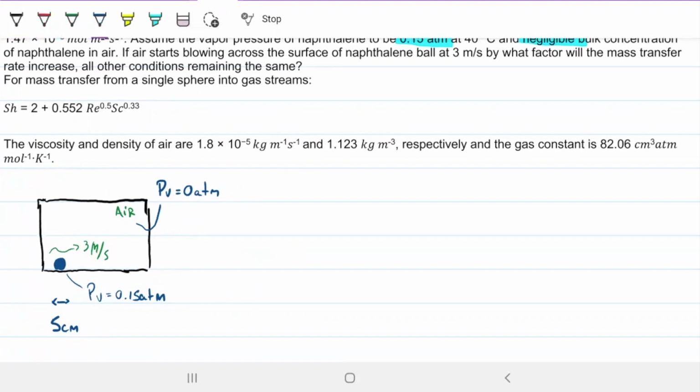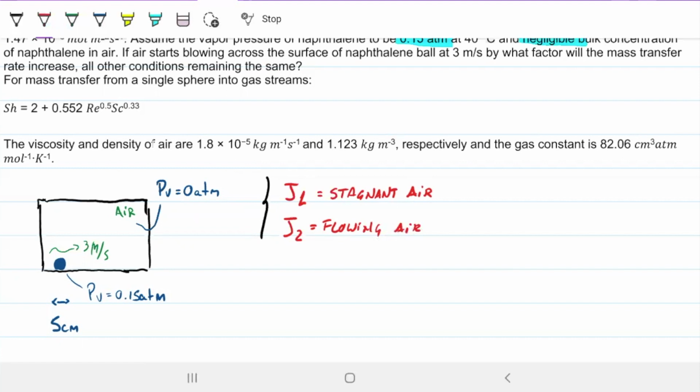So let's rewrite that. We want to compare the two mass transfers, J1 and J2. J1 is the free convection situation, the stagnant air situation, and J2 is the flowing air, forced convection situation.